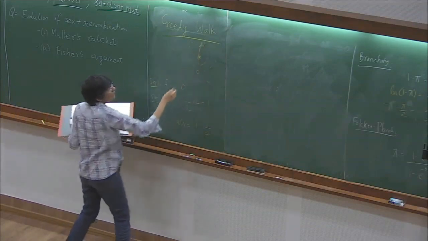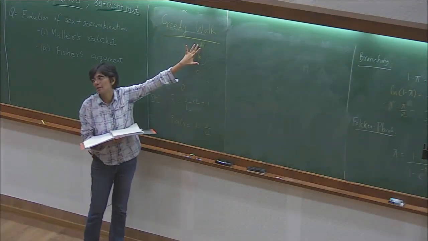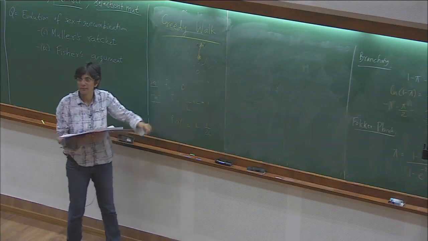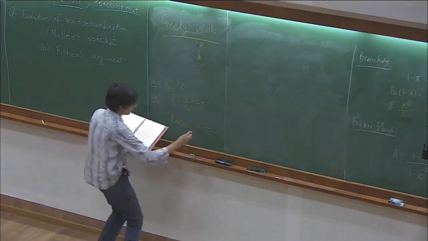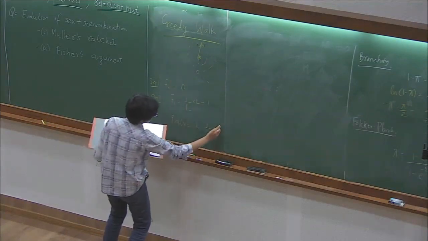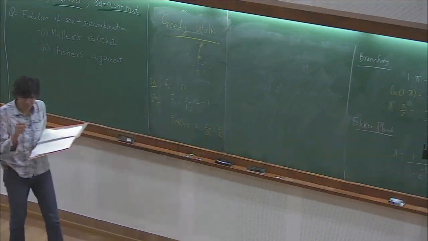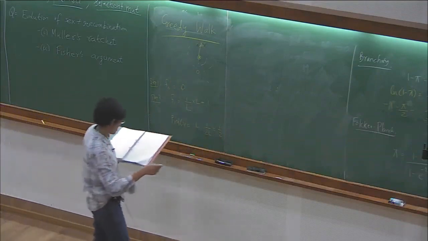So this is half. So this is simple, but it's a bit tiring even for me. So I'll just write it down. So if you try this way, it turns out the probability that at least k steps are taken is 1 by k factorial.